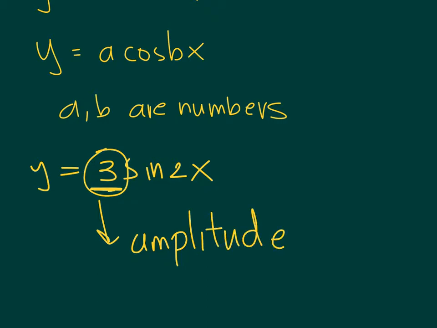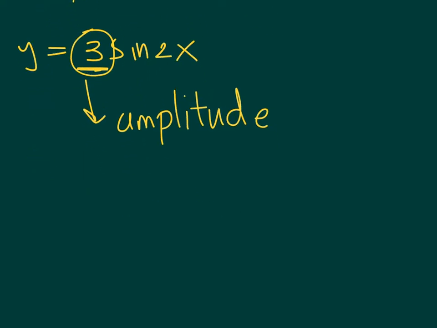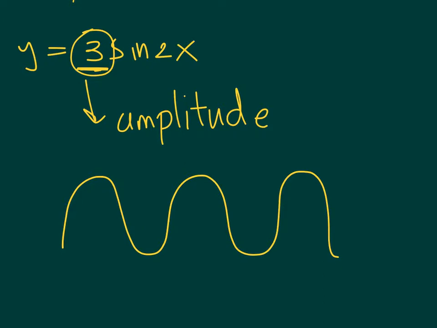When we say amplitude, remember that the graphs of these two functions follow this shape. And exactly in the middle, when you measure from this line up to the highest point, you are measuring the amplitude.